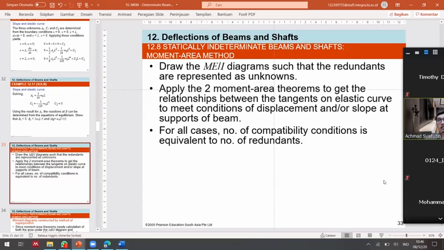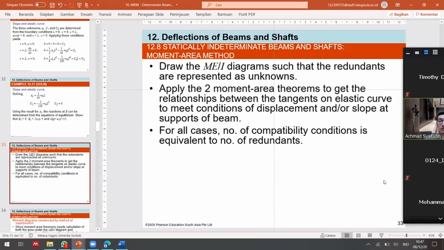So the simple way is we have to find one more formulation, then we can solve the problem. And you can get the formulation from the deflection formulation.